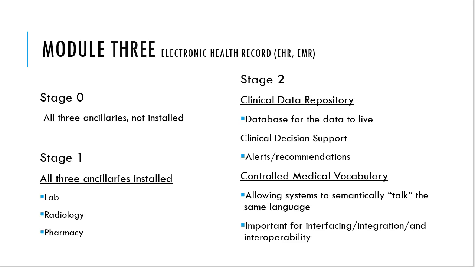And to have that, there has to be some sort of a controlled medical vocabulary. And that's very important for that interfacing and integration. HL7 is something that you may hear about as kind of a language, pipes and carets. It's a lot of programming that allows for the interfacing of 2 disparate systems.